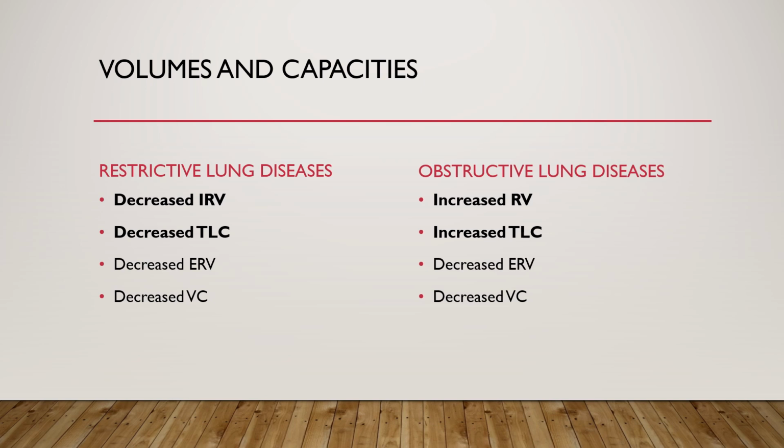And so if we look at the primary difference between these two, we have a decreased expiratory reserve volume and a decreased vital capacity in both instances. We're going to see a decreased inspiratory reserve and decreased total lung capacity in a restrictive lung disease, increased residual volume, increased total lung capacity in an obstructive lung disease.